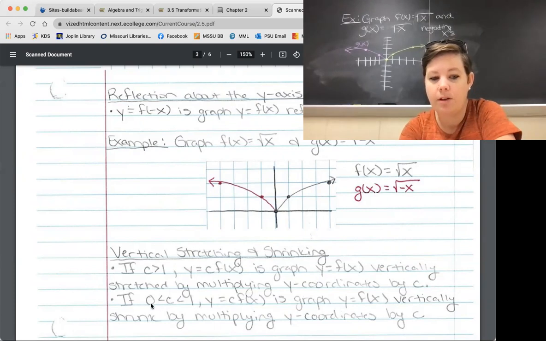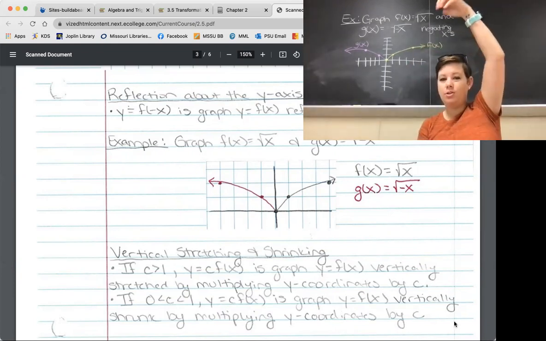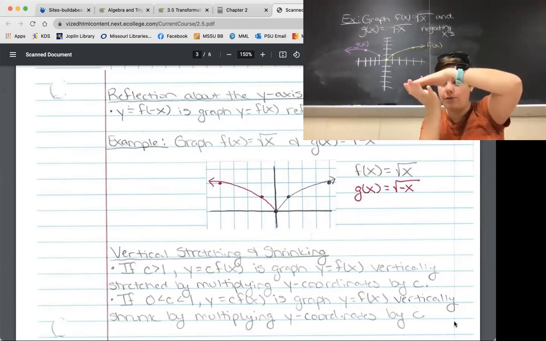If our c is between the values of 0 and 1, so it's a fractional part of 1, then our graph is the original vertically shrunk by multiplying the y coordinates by c. So instead of stretching, you're getting smaller and smaller, so our graph is going to shrink.